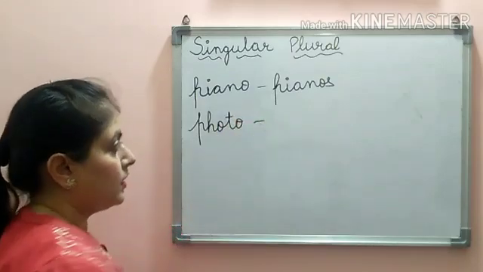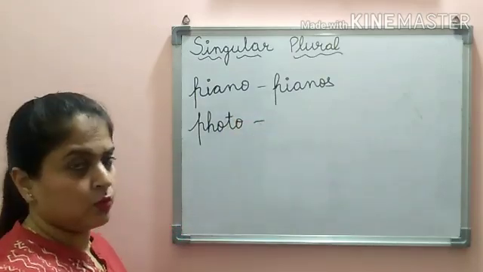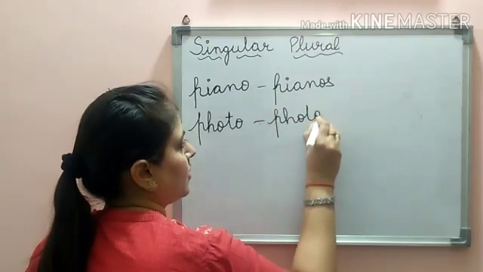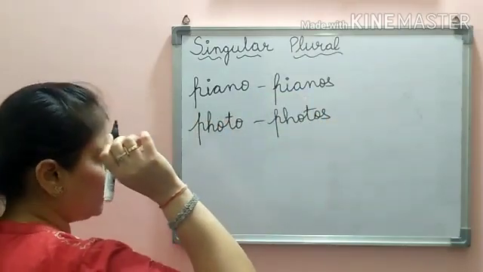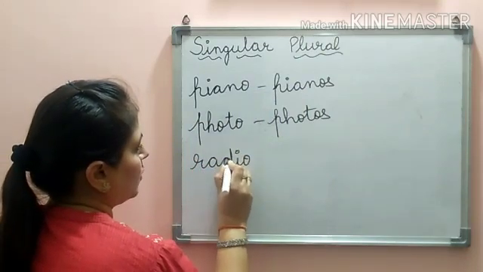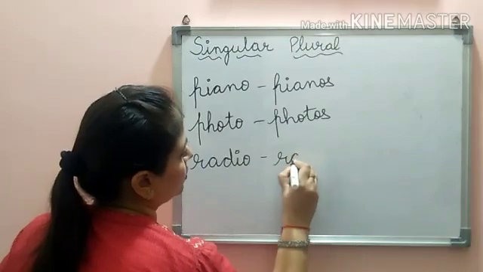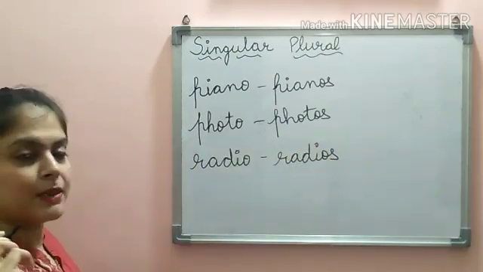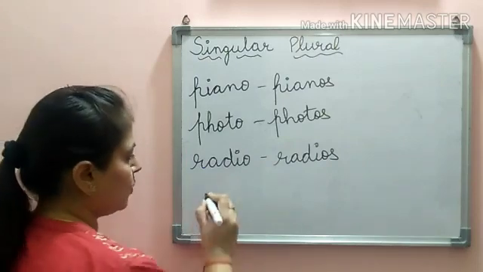The next word is photo. I should be adding es, but no. Only photos. Only s I have to add. It has become a plural word. Radio. Only s I will add. Radios. So it has become a plural word. The next is video.